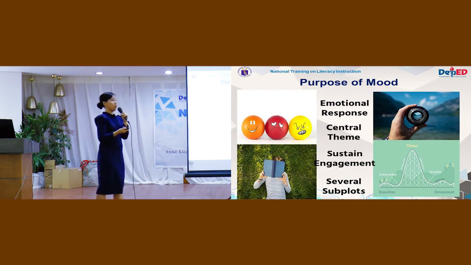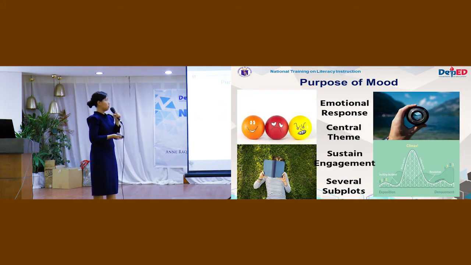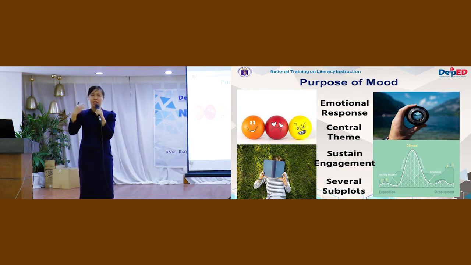So why do we need to understand the mood? Just like in tone, the mood helps the writers to take the readers like us in a journey. And what kind of journey is that? Not just to stimulate our minds, but in an emotional journey. Okay? So that we can be responsive, we can be engaged in the text.